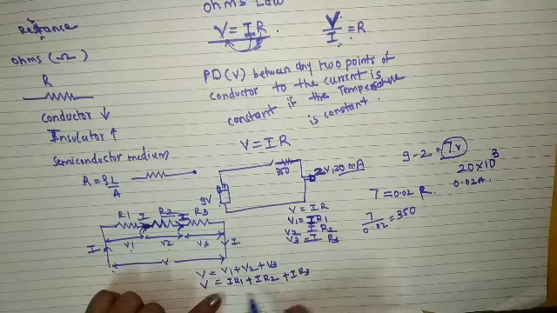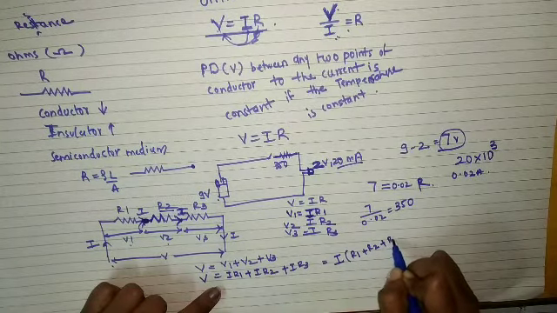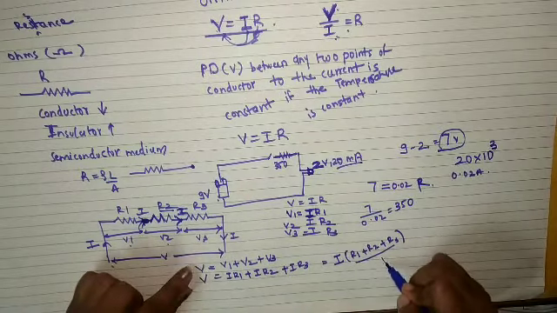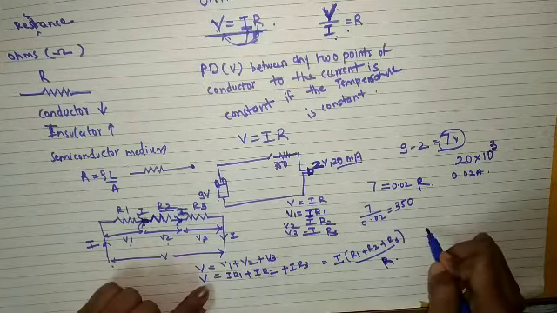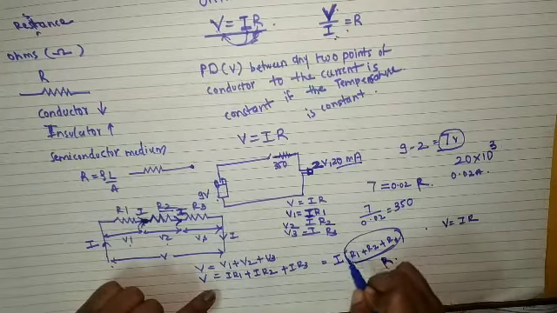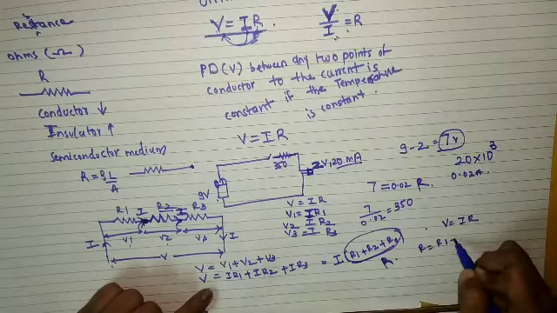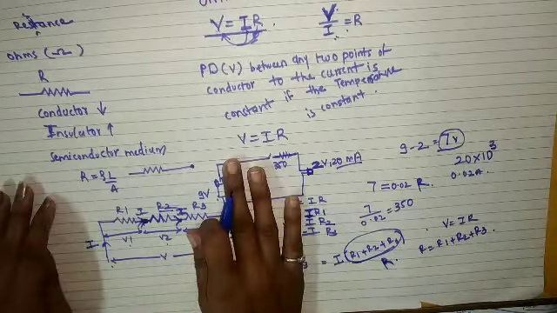The current is the same, so we can take I common: I times R1 plus R2 plus R3. This is our resistance R. According to Ohm's law, V is equal to IR, so R is equal to R1 plus R2 plus R3. I hope you understood this one.